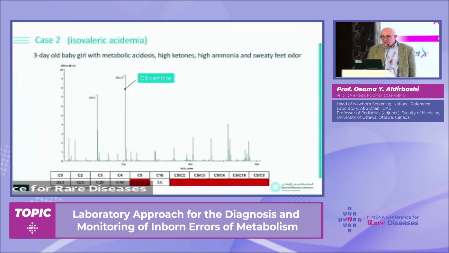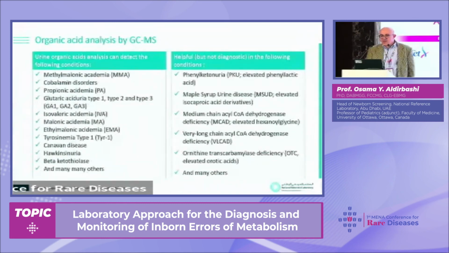Now, the group of disorders that can be detected with urine organic acid testing is really extensive. Again, you can see methylmalonic acidemias, propionic acidemia, all cobalamin disorders, glutaric and isovaleric acidemias, a large number of organic acidemias.